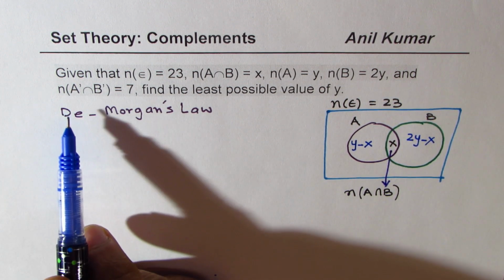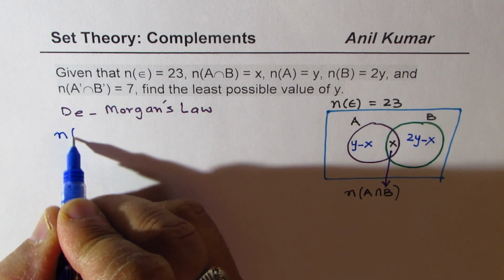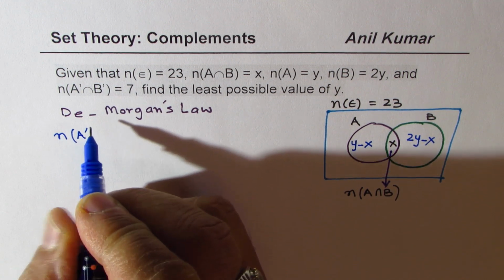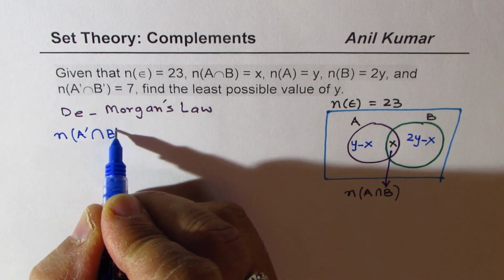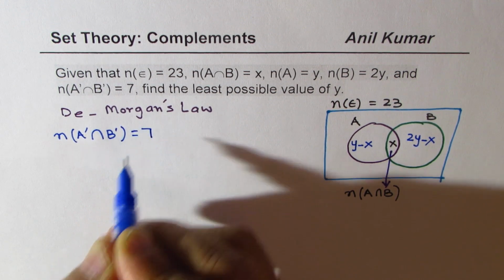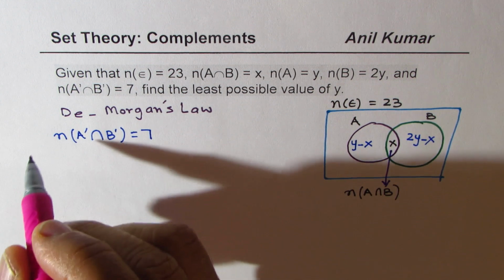Now we are also given one more statement here, and that is that the number of elements in the intersection of complements of A and B is 7. Now this is sometimes difficult to understand. What does this mean?